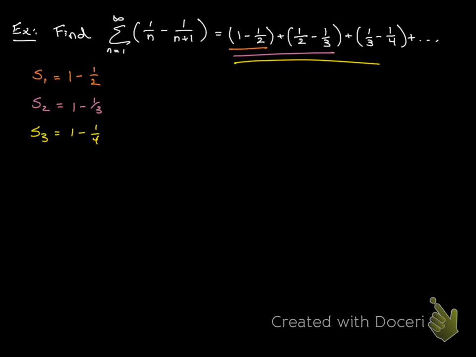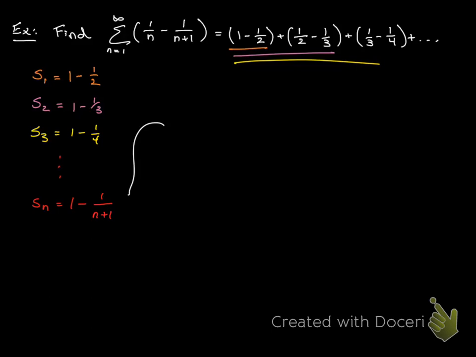If I keep going, eventually I'll get to a place where all the terms, except for the first term and the last term, have canceled. If n is n, then everything up to 1 over n, or 1 over n plus 1, will have canceled. And I have 1 minus 1 over n plus 1.